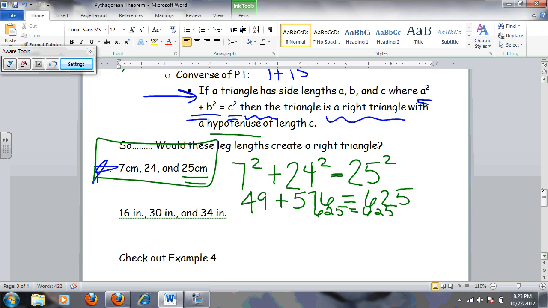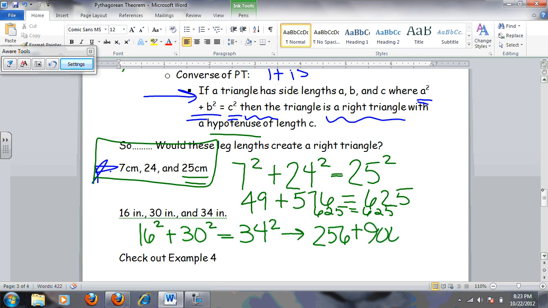Let's try this one. If 16, 30, and 34 are the legs and the hypotenuse of a right triangle, then 16 squared plus 30 squared will equal 34 squared. 16 squared is 256, plus 30 squared we know is 900, and 34 squared is 1156.